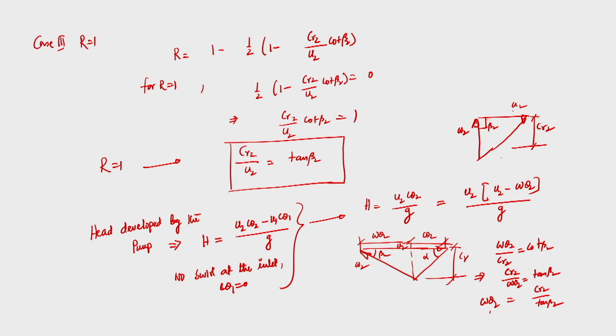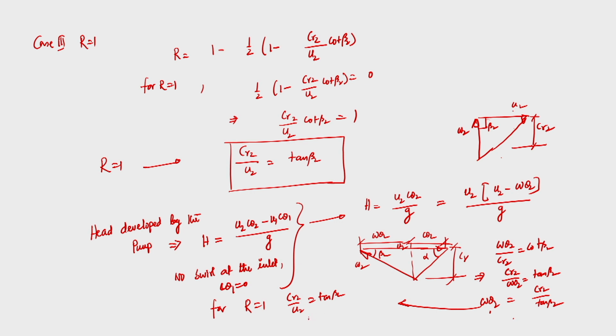So, if W theta 2 is equal to CR2 by tan beta 2, then let me relate the expression obtained for r is equal to 1 and this expression. Now for r is equal to 1, CR2 by U2 is equal to tan beta 2. From the velocity triangles, CR2 by tan beta 2 is W theta 2.